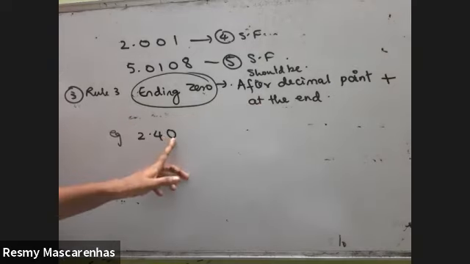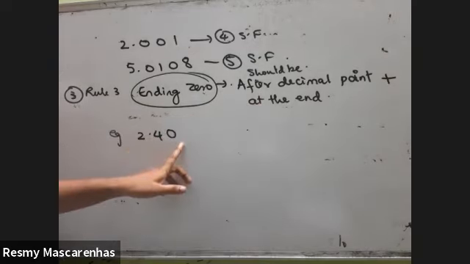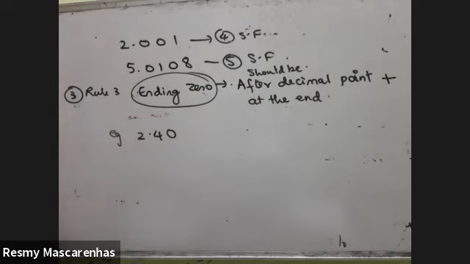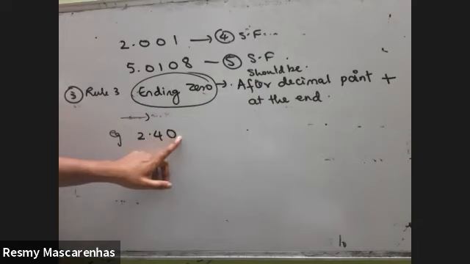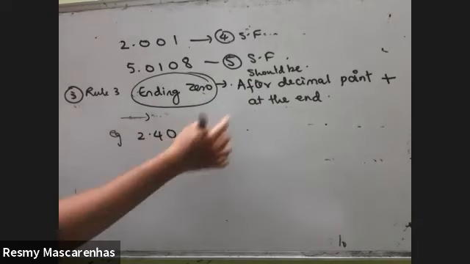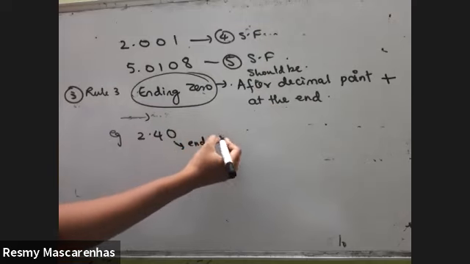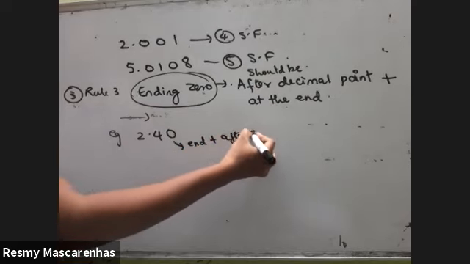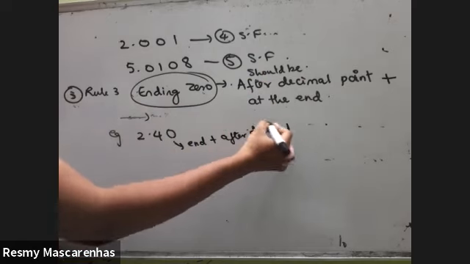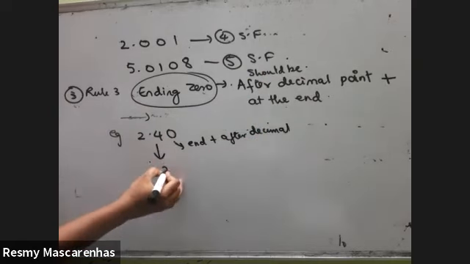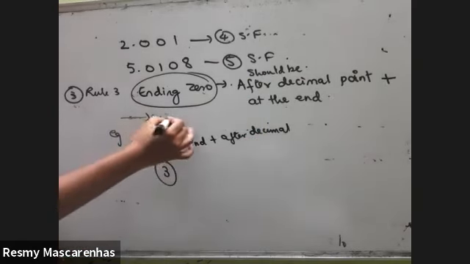It is at the end and it is after the decimal point. After means you have to always read from this side. So always after the decimal point it is there. So this is at the end plus after decimal. That's why total 3 significant figures. All the 3 are to be considered.